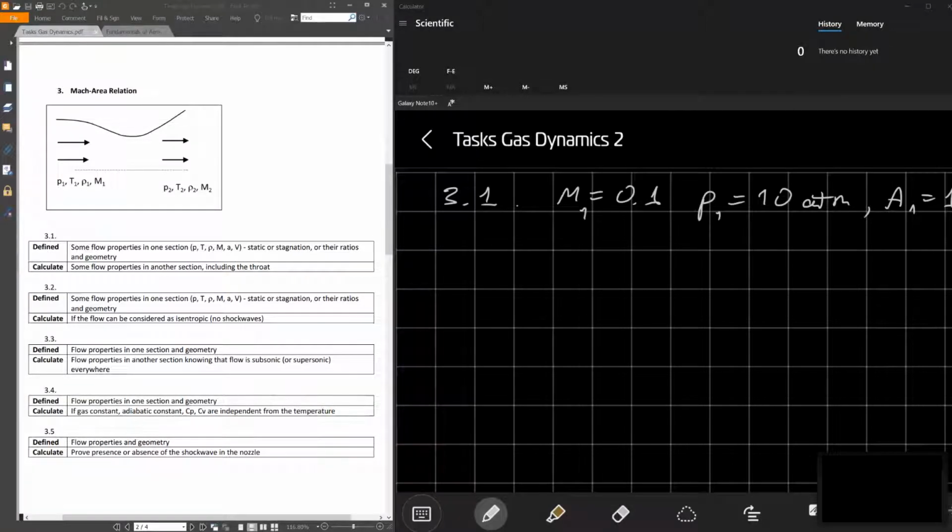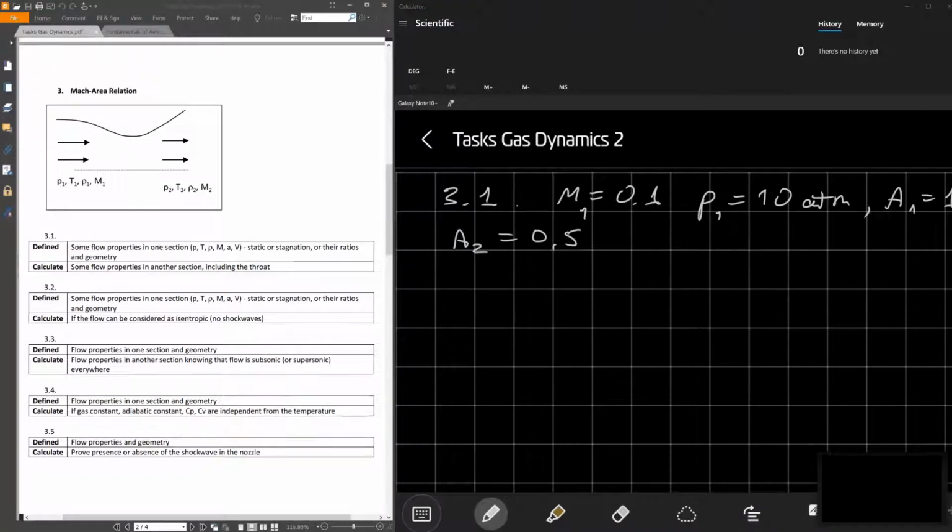For example, in the cross section when the area is 2 times smaller than area 1. So my area A2, cross section 2, is 0.5 square meters, square centimeters, any unit.